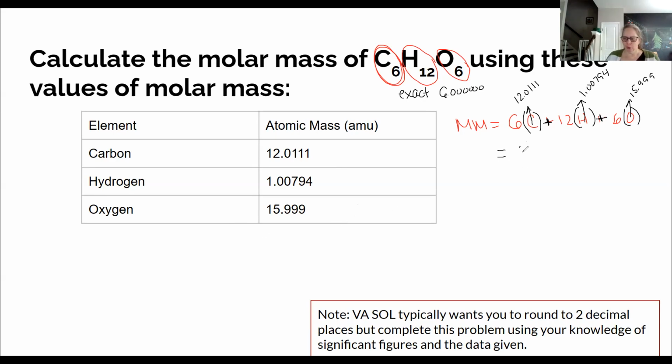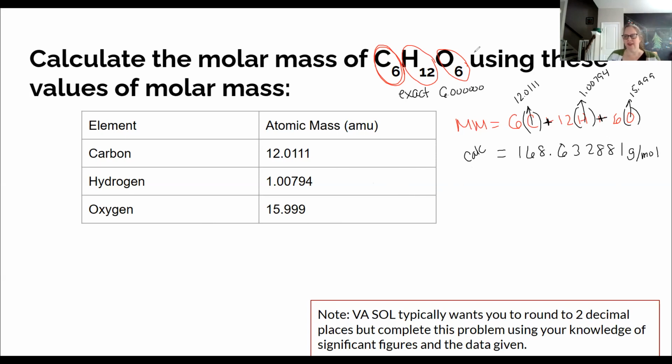I'm getting 168.632881. That is my calculator answer for the molar mass. I'm going to use grams per mole for my molar mass. What is the rule?